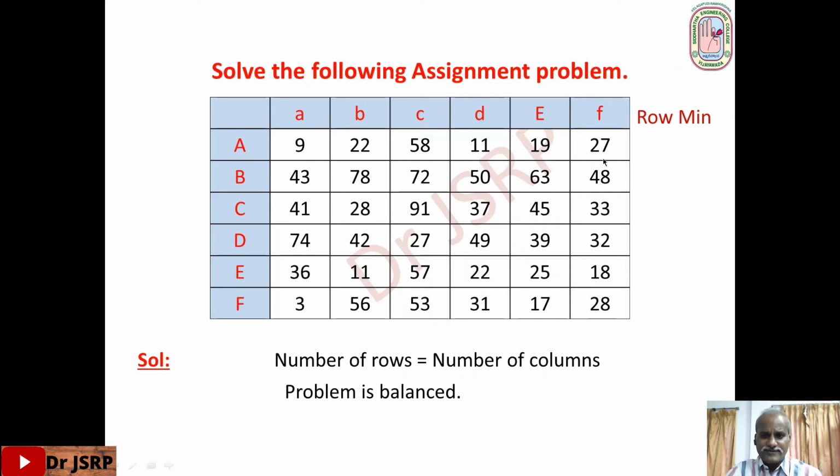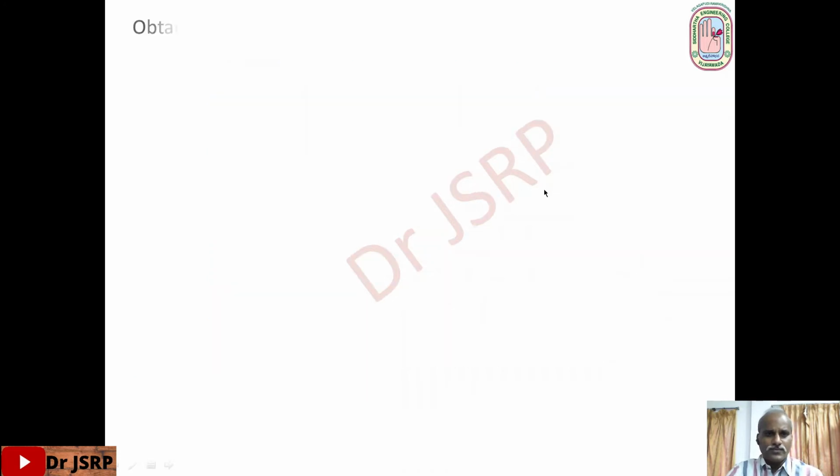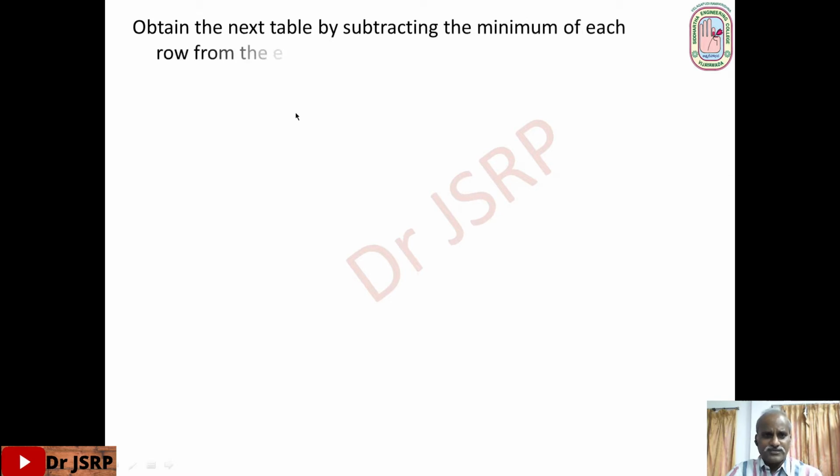First row minima 9, second row minima 43, third row minima 28, fourth row minima 27, fifth row minima 11, sixth row minima 3. So these are row minimas. So subtract 9 from first row, subtract 43 from second row. So obtain the next table by subtracting the minimum of each row from the entries of that row.